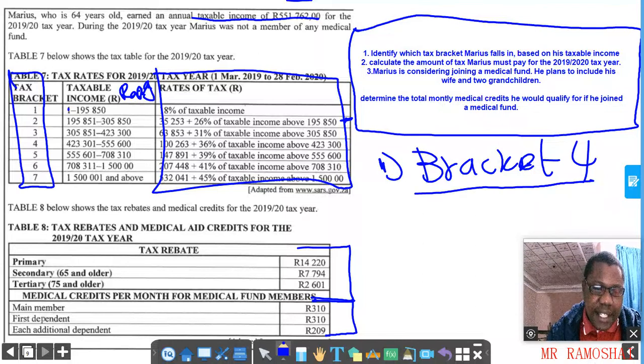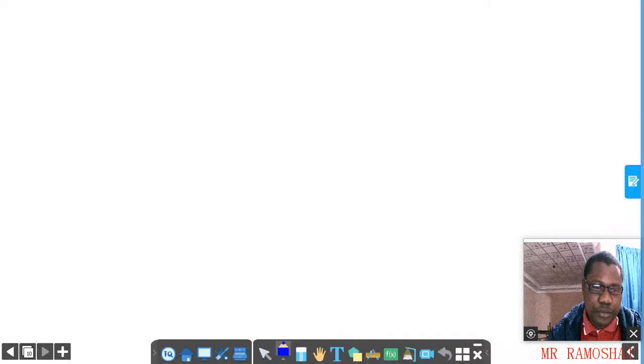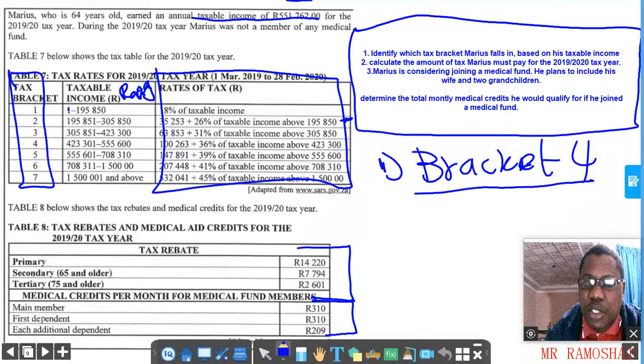All right. Then now we look at question number 2. They say calculate the amount of tax Marius must pay for the 2019-2020 tax year. Simple. We go back to our steps.